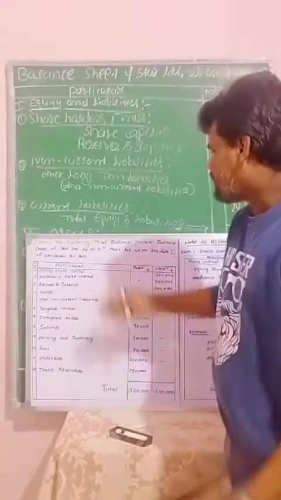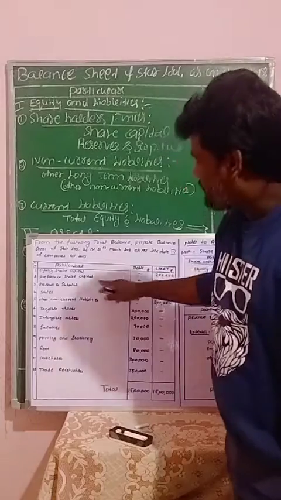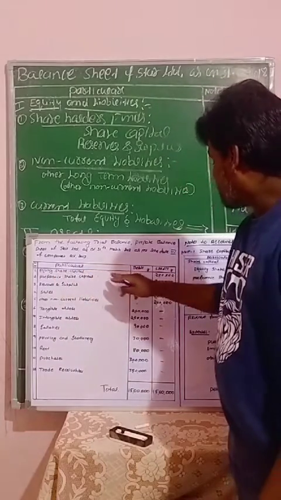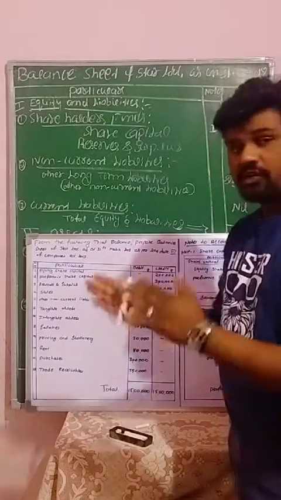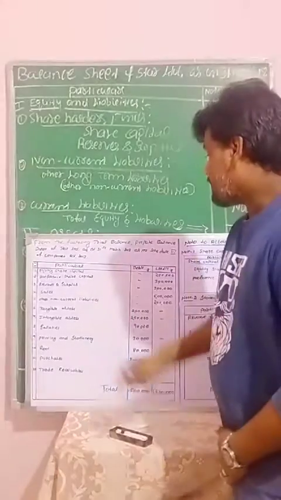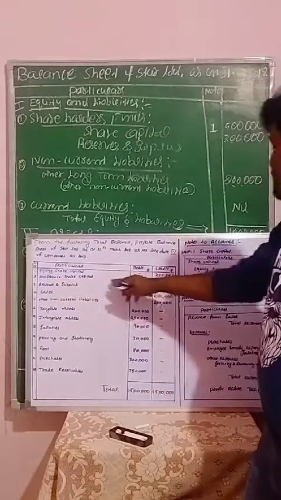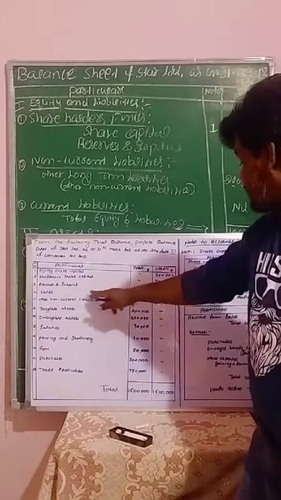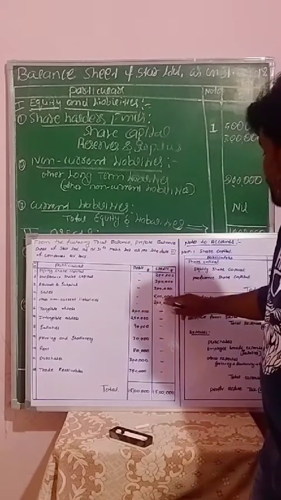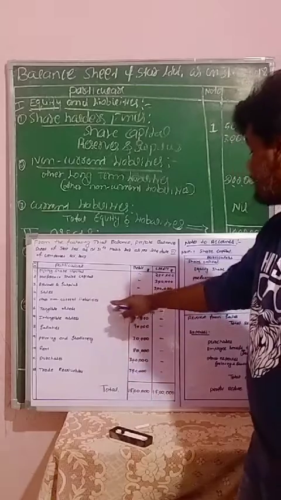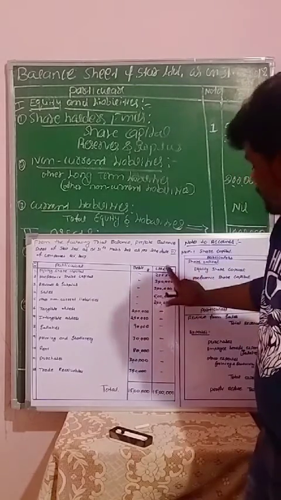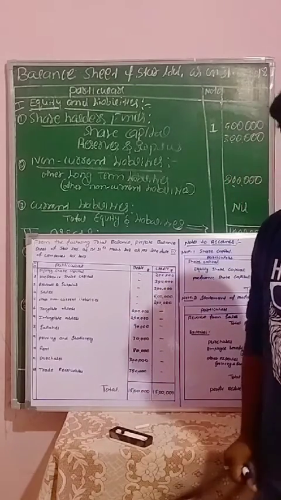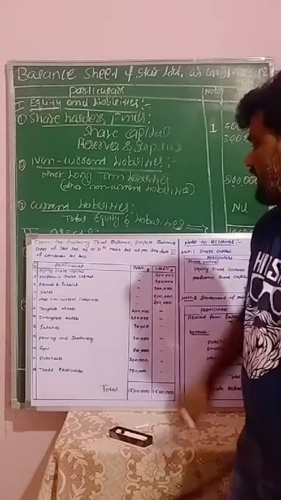Coming to the first transaction, equity share capital, they have given 2 lakhs. This is related to capital transactions. Similarly, preference share capital 3 lakhs, reserves and surplus 3 lakhs, sales 5 lakhs, and non-current liabilities 2 lakhs. These are the transactions given on the credit side of this trial balance.